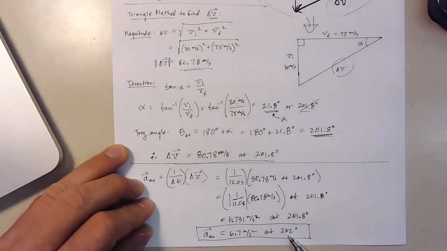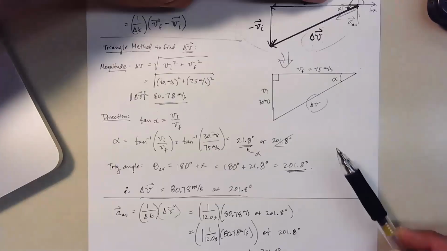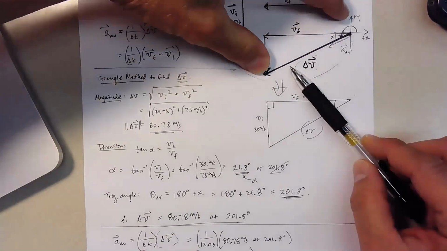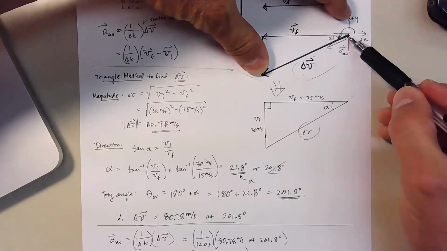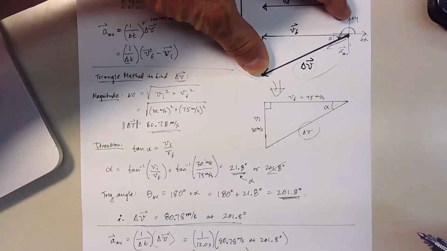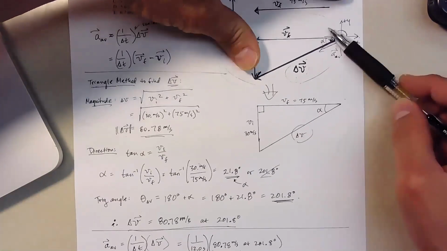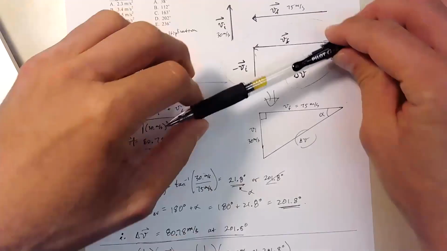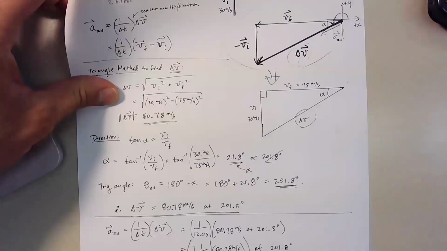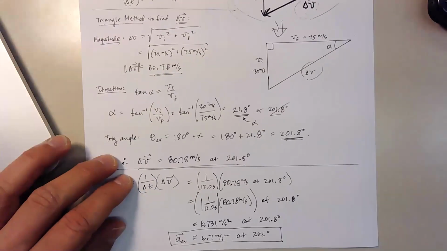But the important thing is also the direction. If I look at the direction of delta v, I remember that at the beginning I said that's also going to be the direction of the acceleration. 202 degrees. Does that look right? Yes, it's in the third quadrant, just a little bit down from 180. Perfect, that's what I expect. Good.